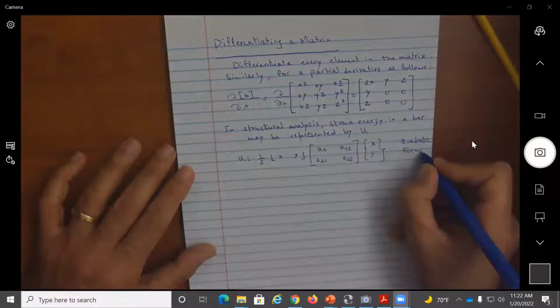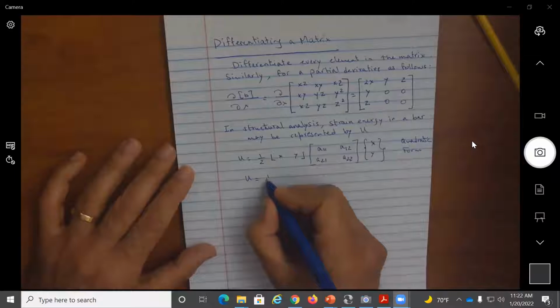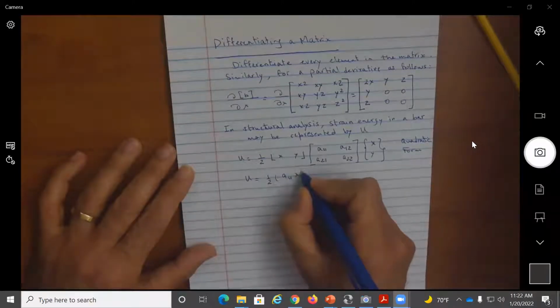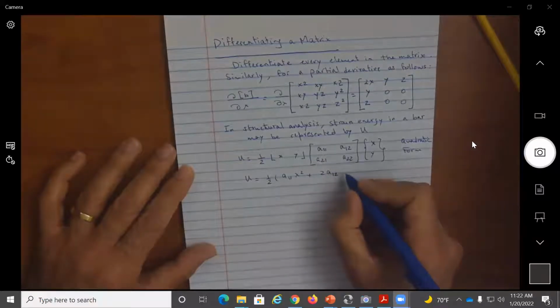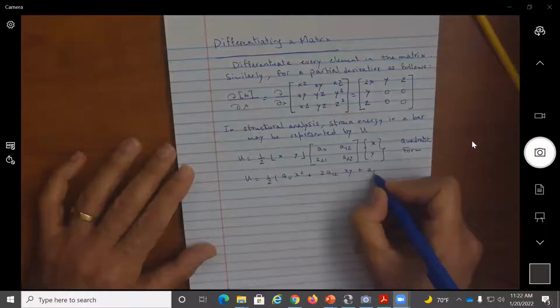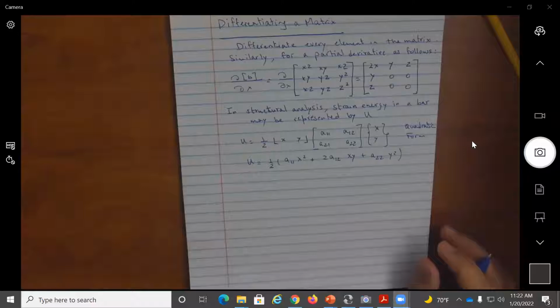Because if I expand this, I can write U equal to 1/2 A11 X squared plus 2 A12 XY plus A22 Y squared. That's why it's known as the quadratic form.